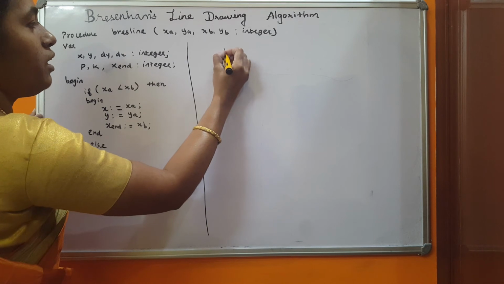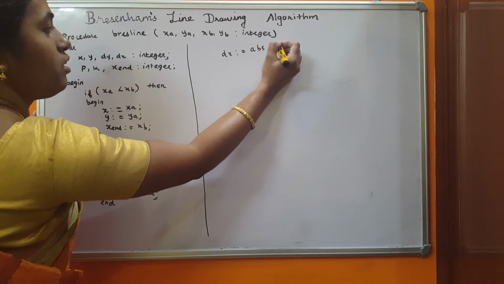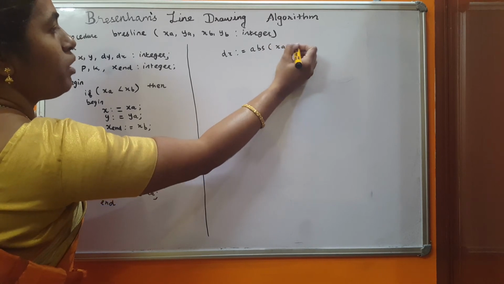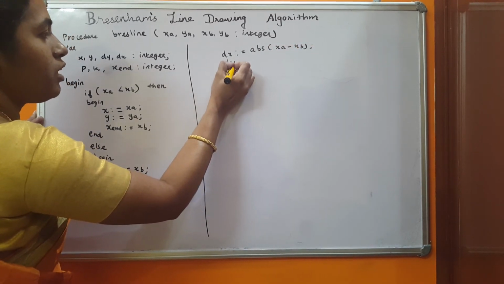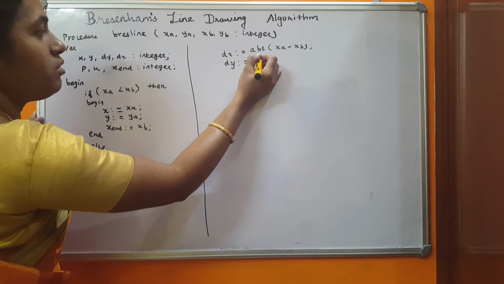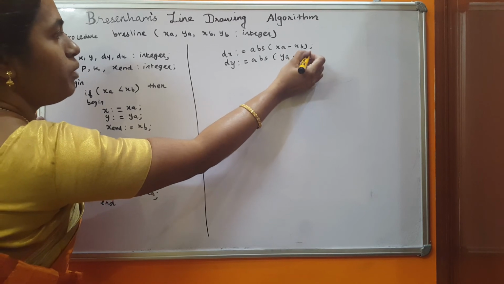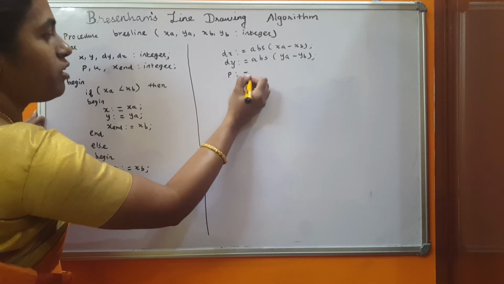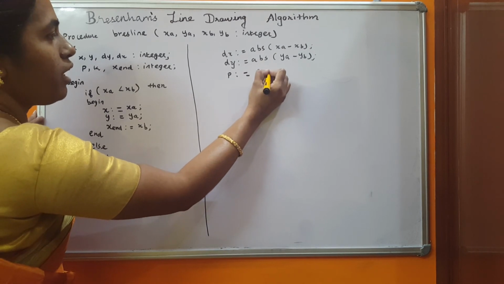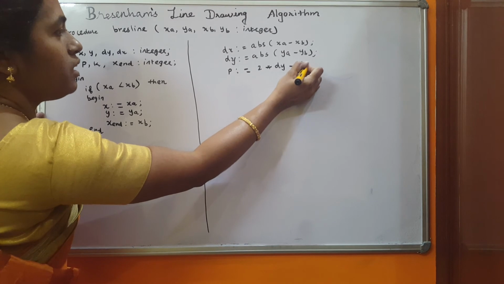Then dx equal to difference of XA, XB. dy equal to difference of YA, YB. Initial p value equal to 2 asterisk dy minus dx.